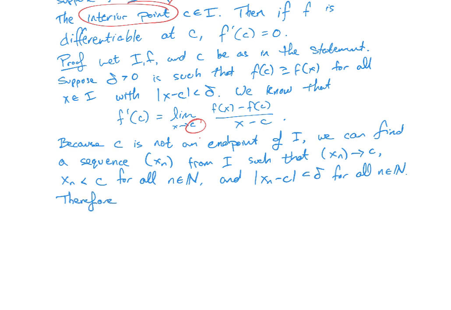Now, we know that our limit exists, so f prime at c would have to also be the limit when I plug in the sequence. This is a sequential form of the limit is what we're using here. Right? Now, what is the sign of the numerator of that fraction? Should be negative.